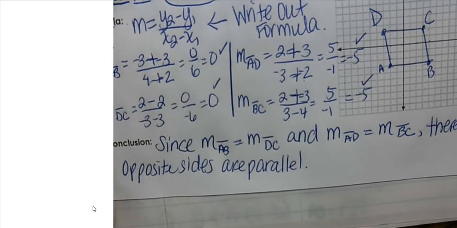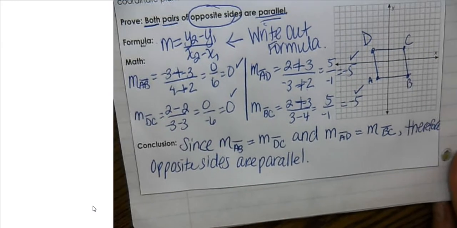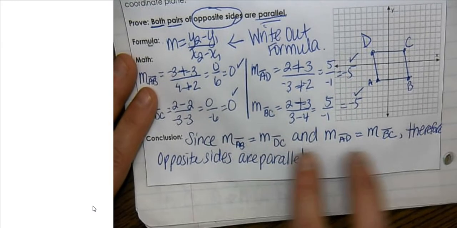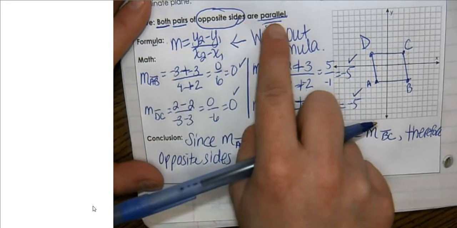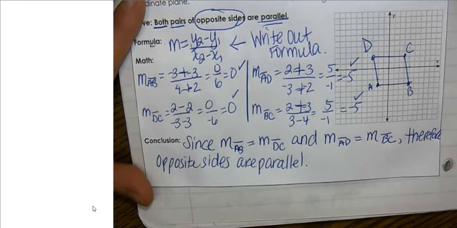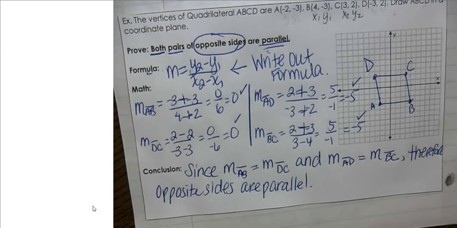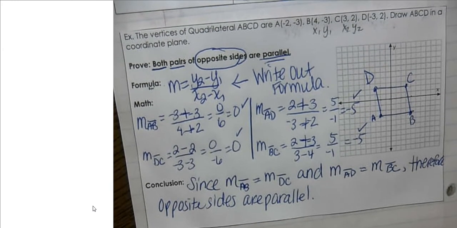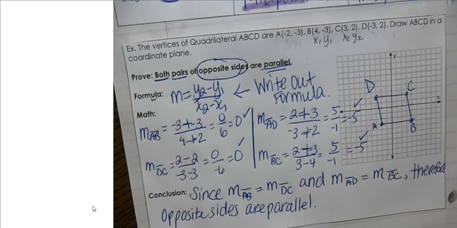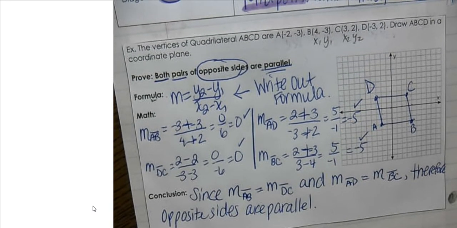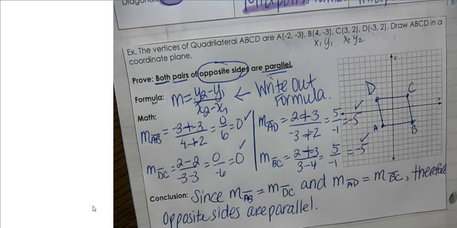If you notice that opposite sides have the same slope, equivalent slopes, we can therefore conclude that opposite sides are parallel. Or we would say both pairs of opposite sides are parallel, which is basically restating what we wanted to prove. And that is the end of today's lesson, as well as an example of coordinate proofs.